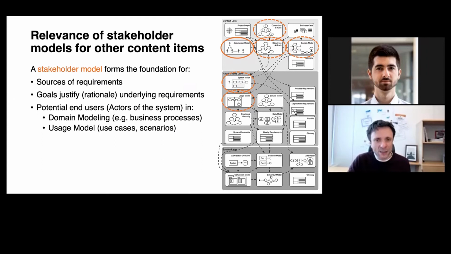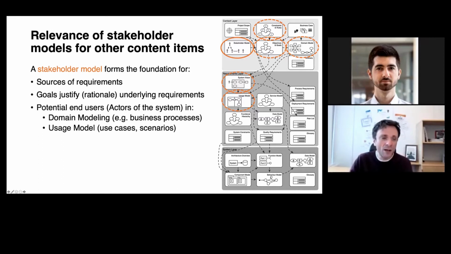Now, why even bother with stakeholder models? Stakeholder models, as specified in our context specification, are typically a great foundation for many further content items. First and foremost, stakeholders are a great source for the elicitation of requirements, and stakeholders are those who express their goals that later then justify the requirements and serve as a rationale for the requirements.